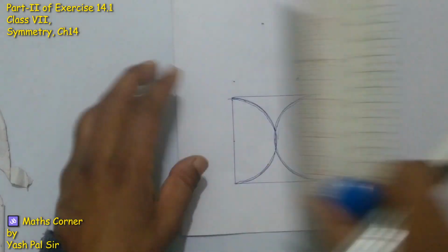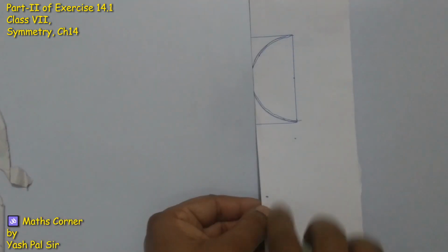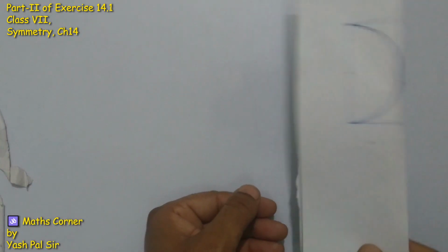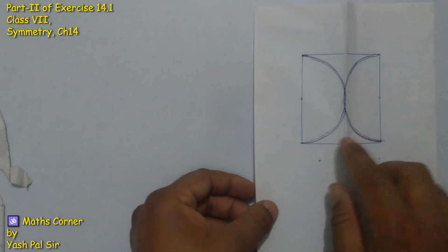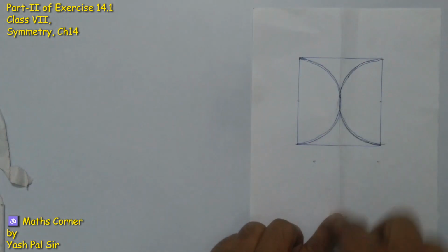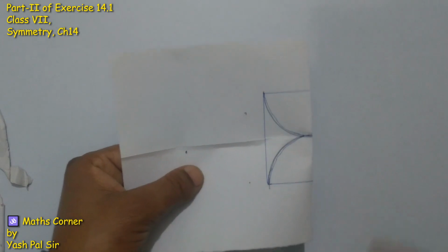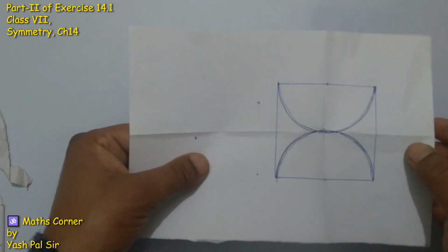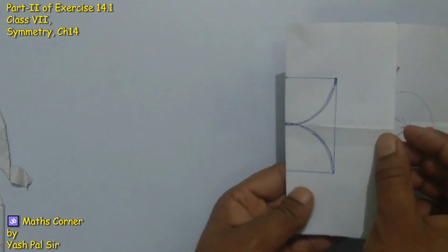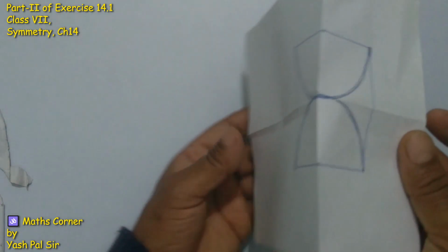The very first thing, if we have one fold, this is the one fold, this side and this side. So first line of symmetry is this, and second, this is the second fold. We can have same equal parts visible.